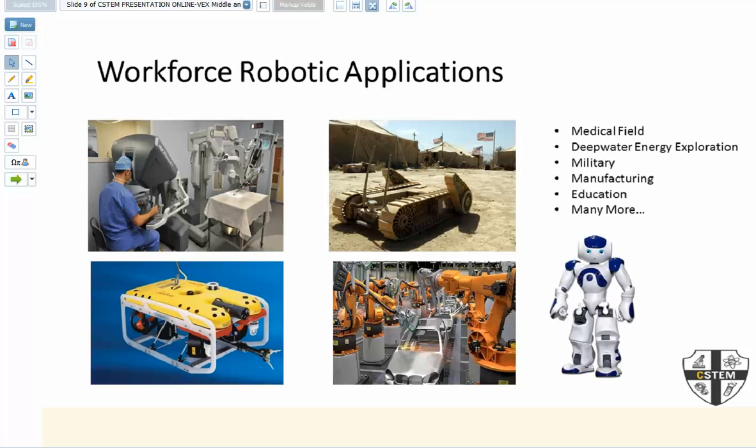And then we have land operated vehicles, which our military is pretty much used to, and which allow them to go through, take video, or be part of the landmine detection system, which allows them to explode landmines before our troops walk through the actual fields. So we have manufacturing.